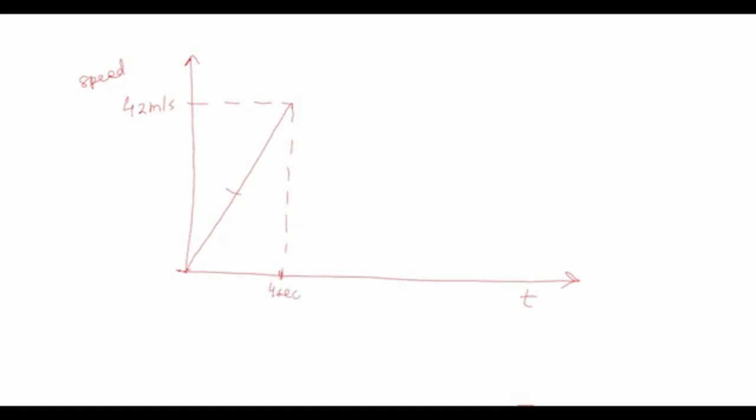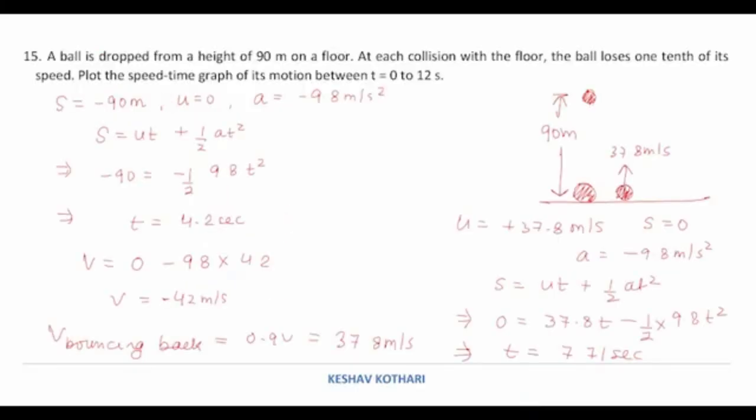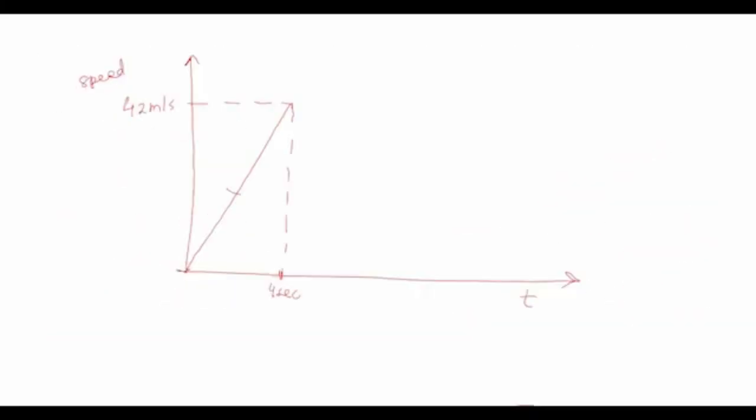And the speed is going to drastically decrease, and we got the decreased speed as 37.8. So the speed is going to come down to 37.8 meter per second at approximately 4.28 second, which is this part.